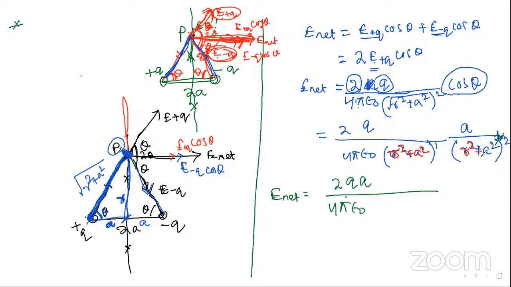Here is r square plus a square to the power half. If I combine them, what will I write?